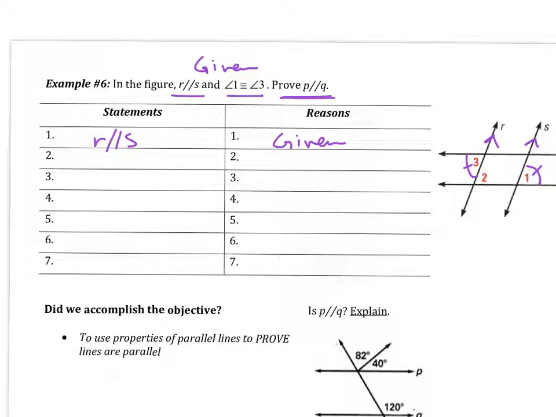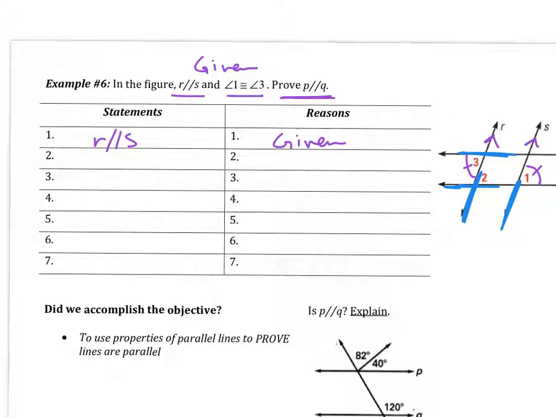Any ideas? That 3 or 2 are congruent? Well, here's the only thing though. Angle 3 is on this line, 2 is on this line, and we're talking about this line and this line. So you're on the right track, you just chose the wrong angles.